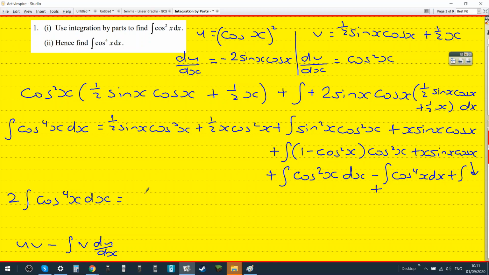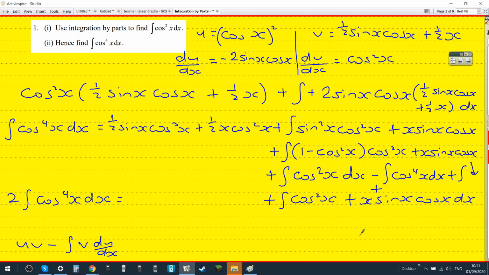So then you get that whole thing, and this one we still have cos squared x, and we had plus cos x sine x cos x. This bit here, wasn't it? Sine x cos x with respect to x.